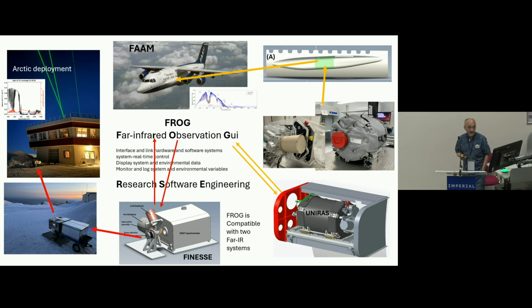What we really need is a versatile graphical user interface, which will interface and link with the hardware and software for the whole of the system, provide system real-time control, display system environmental data, and monitor and log system environment variables so that we can do a lot of processing. And this is where FROG, the Far Infrared Observation GUI, comes in, and it's a graphical user interface which replaces our original data set.